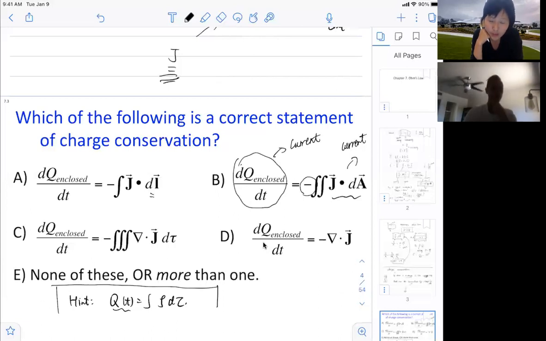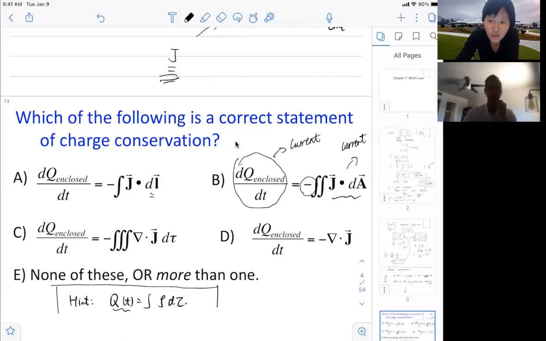Why would there be a minus sign? Nicholas says direction, Liam said direction of the surface vector. Can you say a little more about that?